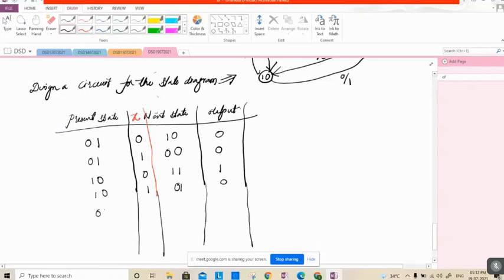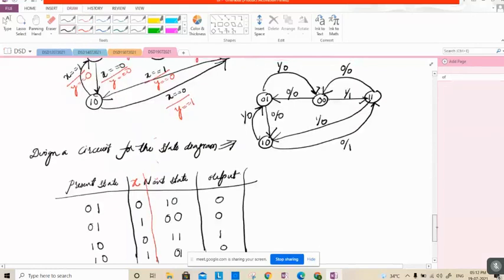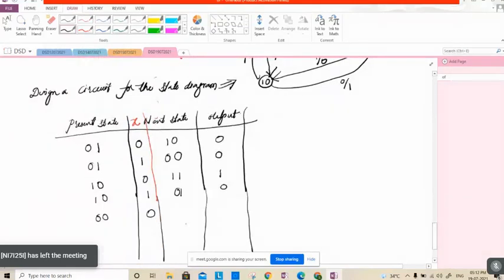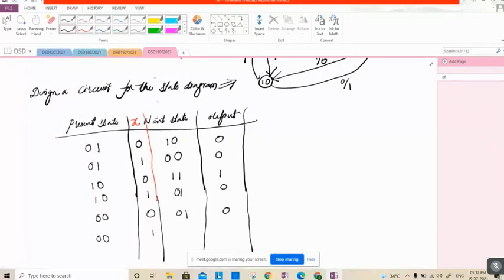Now if 0 0 is my present state, and if x is equal to 0, what is my next state? 0 1 is my next state. And what about the output value? 0. 0 0 and x is equal to 1, what will be my next state? 1 1.